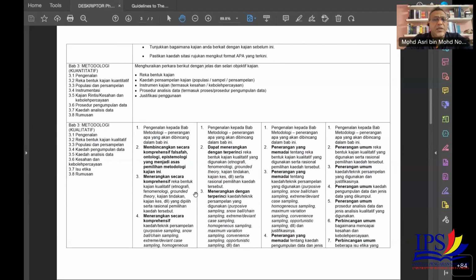If you're doing qualitative, of course, not many students do qualitative when they do MOHD. But if you're doing MOHD and you're using qualitative, we don't expect you to do a very detailed or in-depth qualitative analysis.